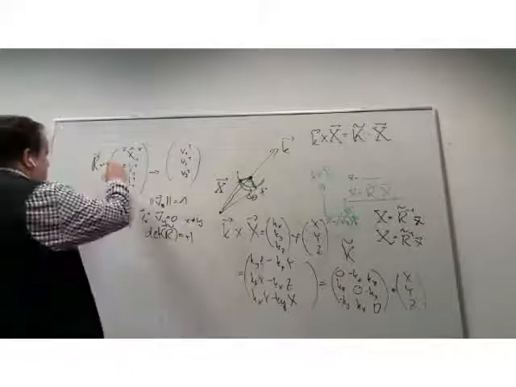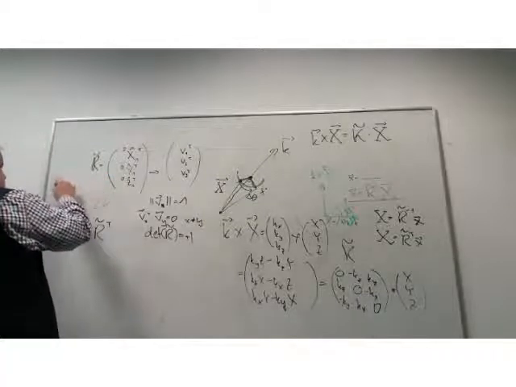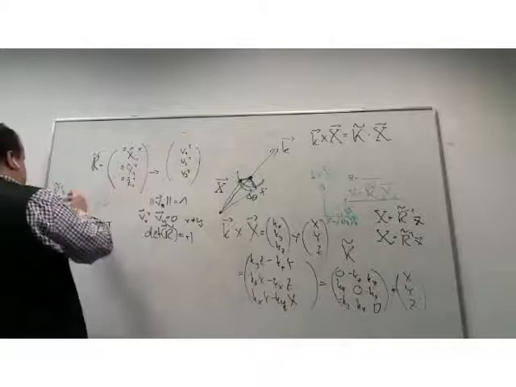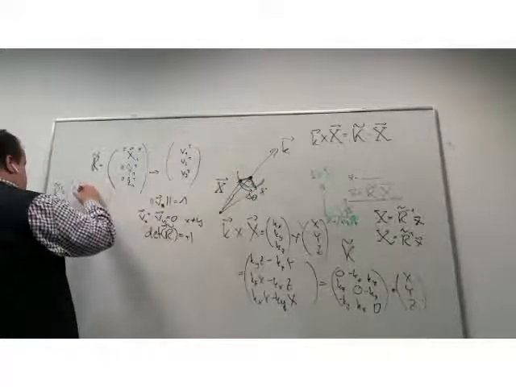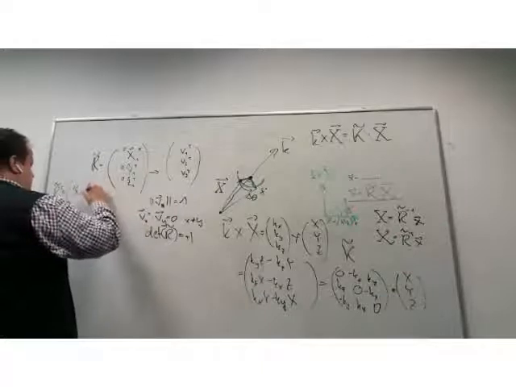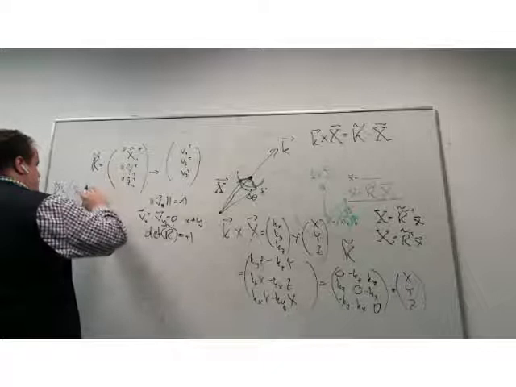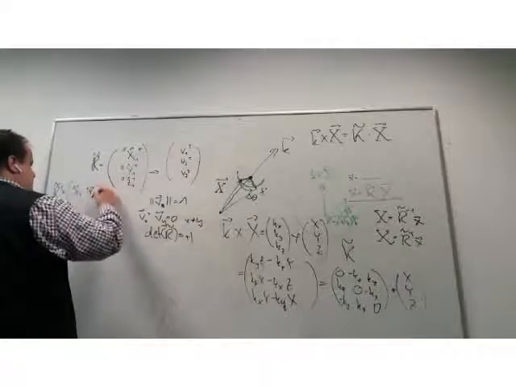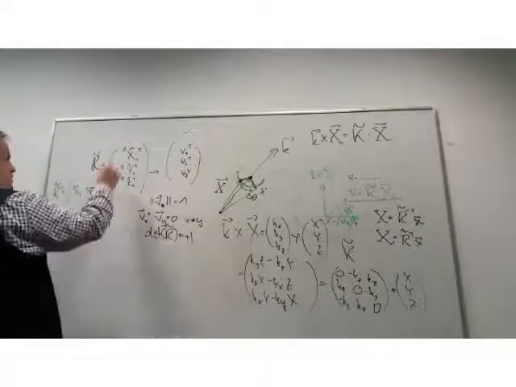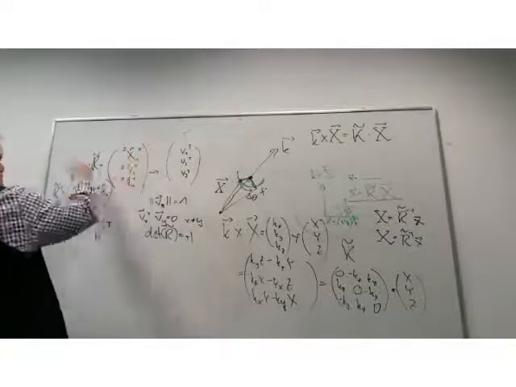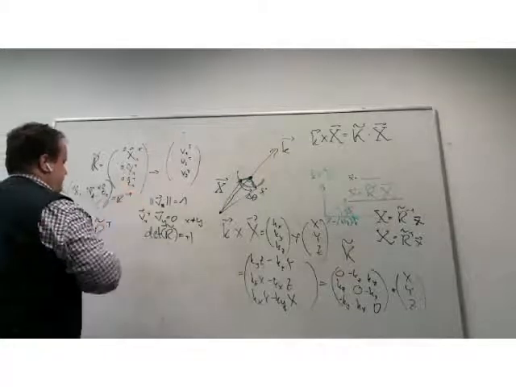The transpose, R transpose, would be x1, y1 and z1. So you see whatever the lines are here become columns here, and this is also the inverse.